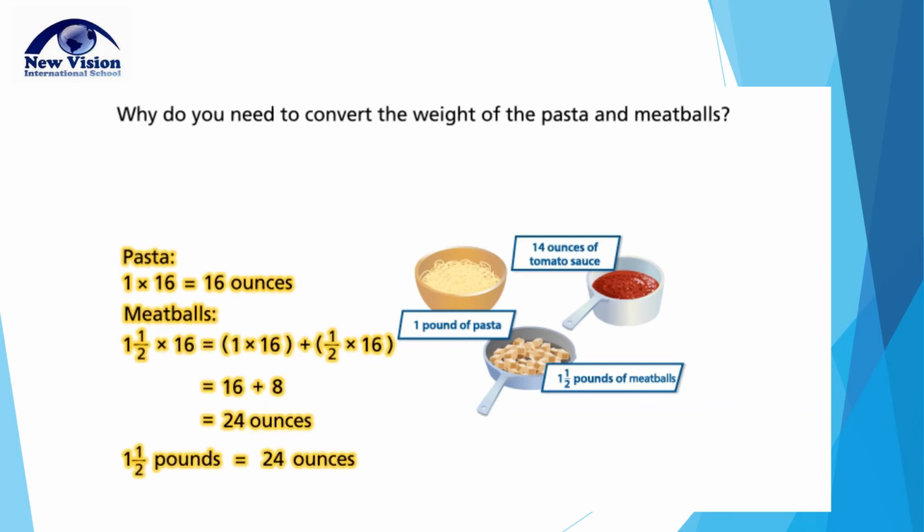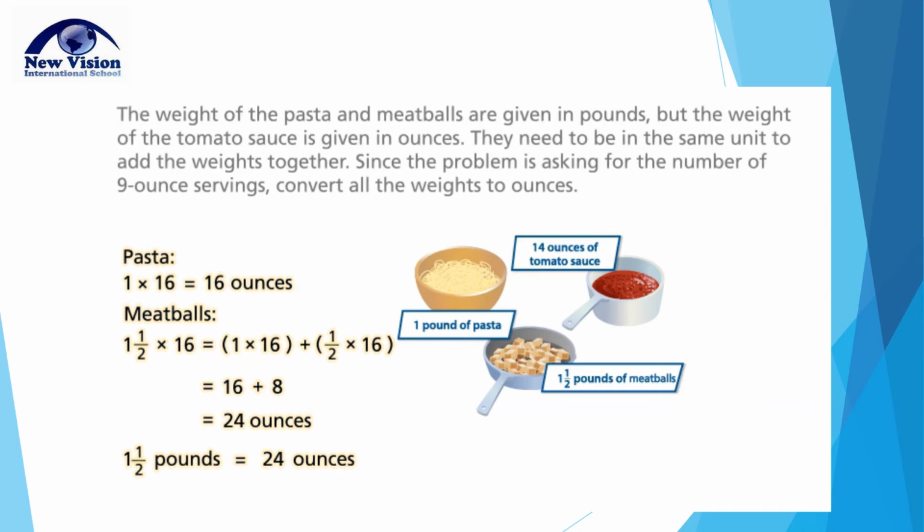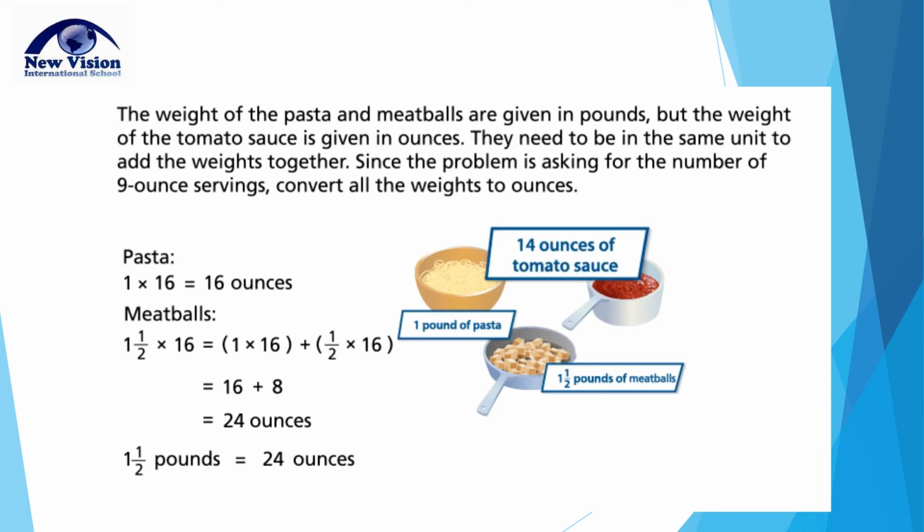Why do you need to convert the weight of the pasta and meatballs? The weights of the pasta and meatballs are given in pounds, but the weight of the tomato sauce is given in ounces. They need to be in the same unit to add the weights together. Since the problem is asking for the number of 9-ounce servings, convert all the weights to ounces.